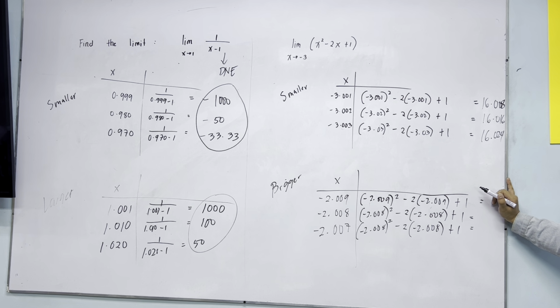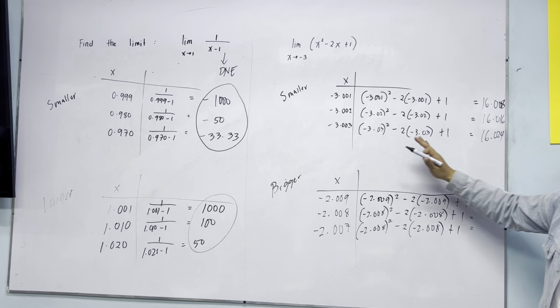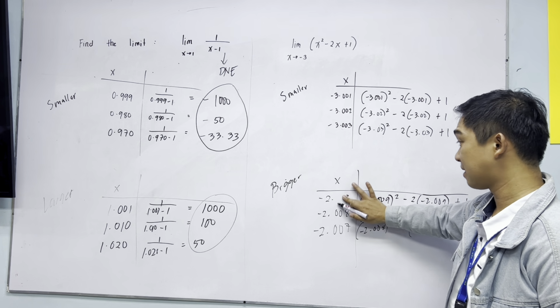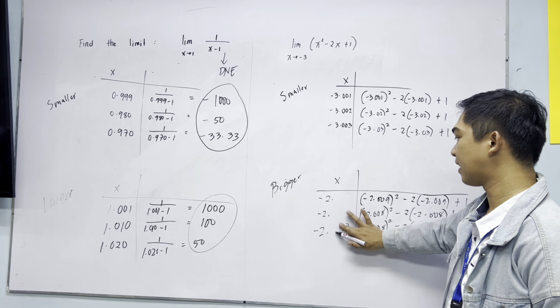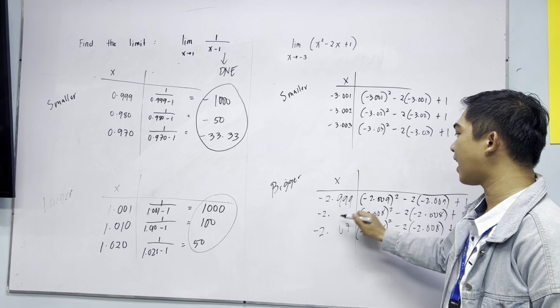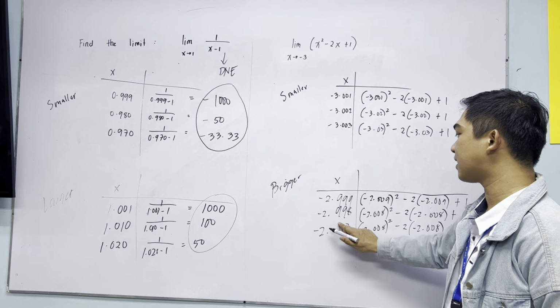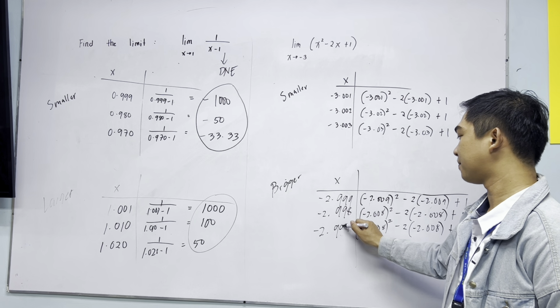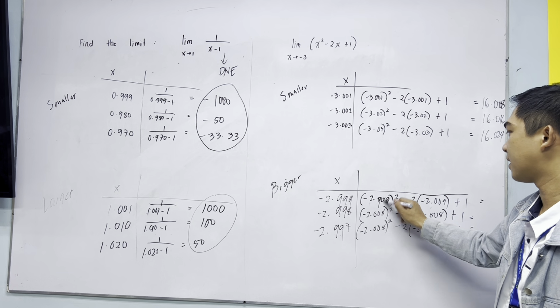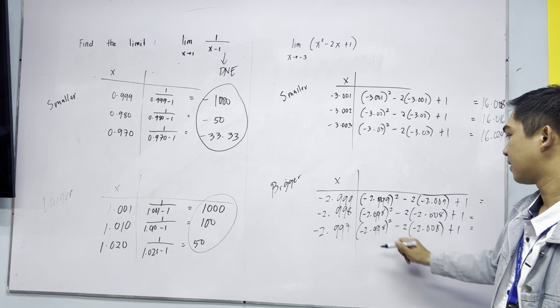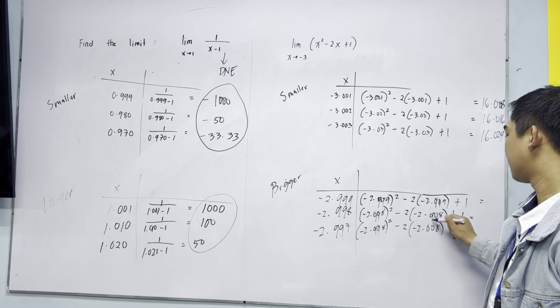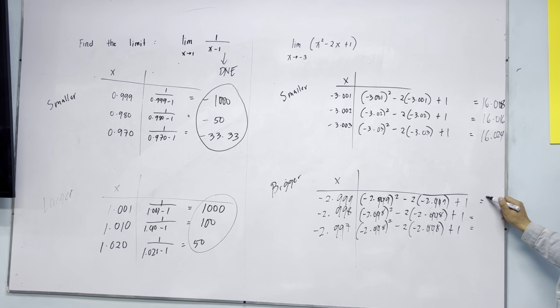Try nga natin ay 9. Para ang layo, no? Sige, try natin. 999 na lang. Saka yung 999998997. Ang layo pa rin. 15.99 lang. 15.992.